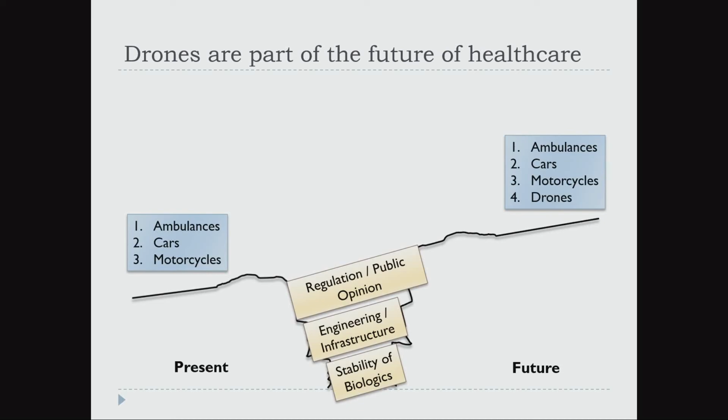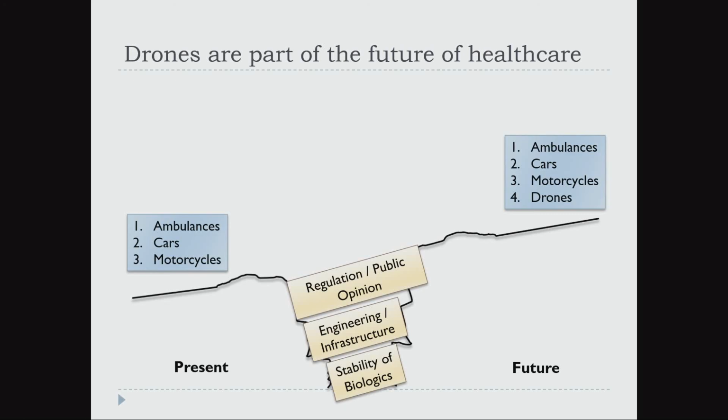So, in closing, drones are part of the future of healthcare, but to get there, we need to address all these things. I tried to create a framework for how you address stability on a drone, but I think eventually when people adopt drones, each hospital will have to do some variety of a stability type experiment themselves.